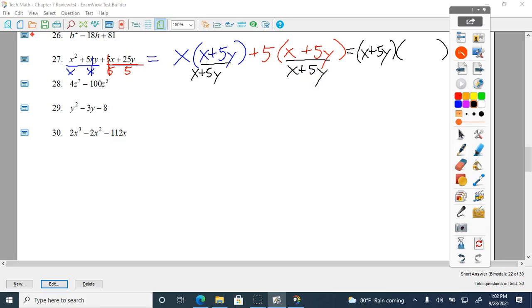What happens to these x plus 5y and this x plus 5y? They cancel, you're left with what? X. It goes here. This one cancels and you're left with plus 5. And you're finished with 27. Okay?